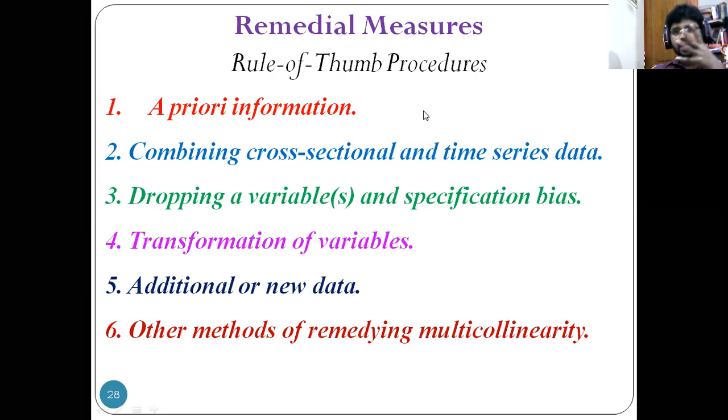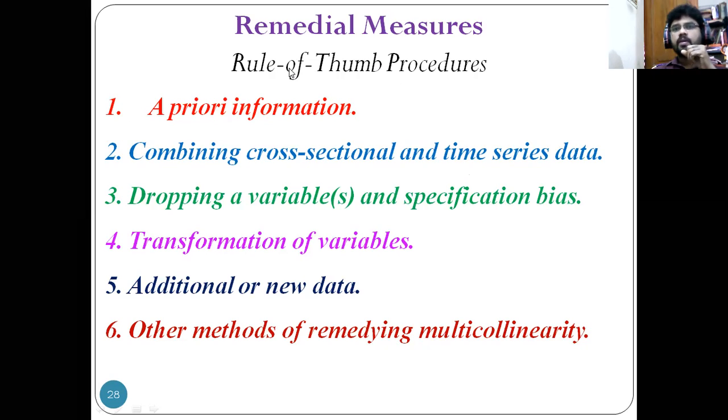If I collect it today, that is called cross section data. Okay. What is time series data? If you gather information over a period of time, from the first year to the last year, day by day, or week by week, that is called time series.